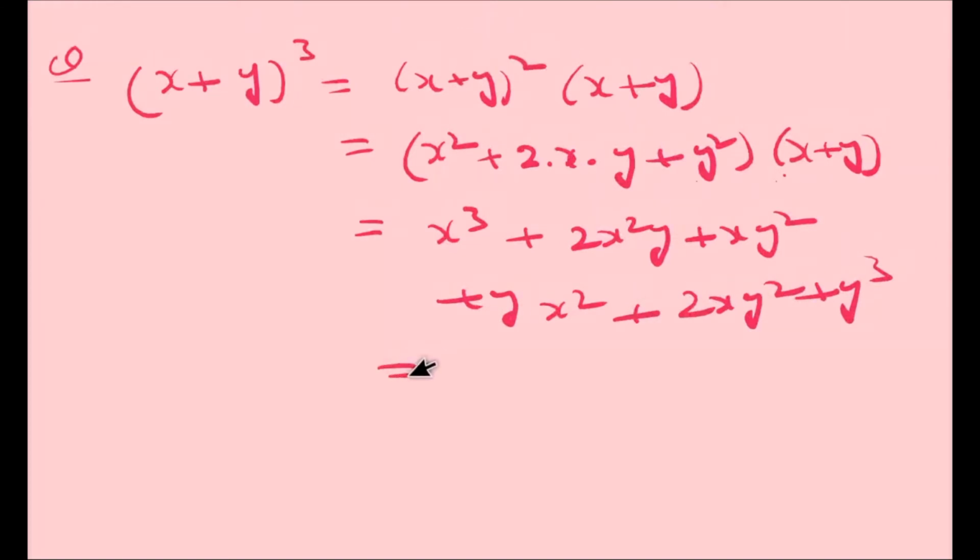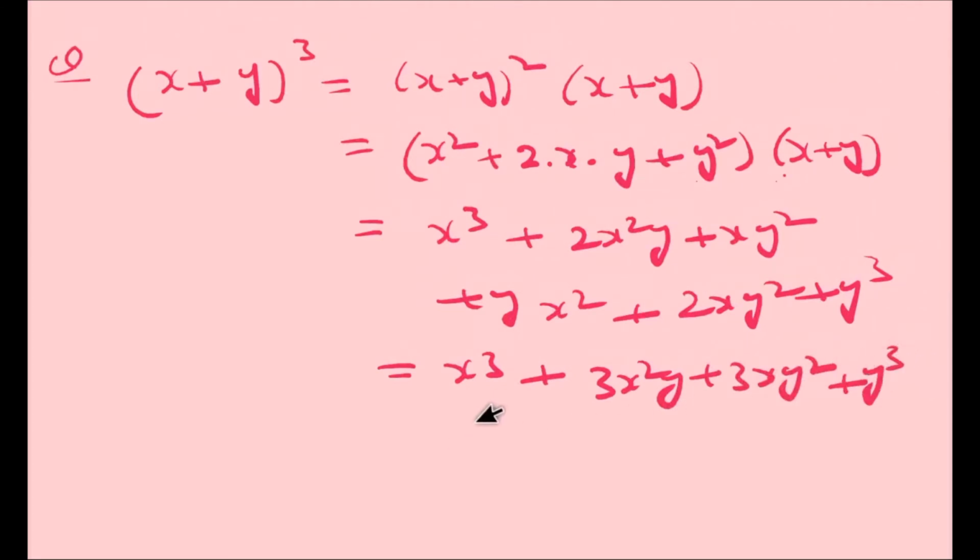So we get x cube plus y cube, and 2x square y plus x square y is 3x square y, these are like terms, so 3x y square plus y cube.